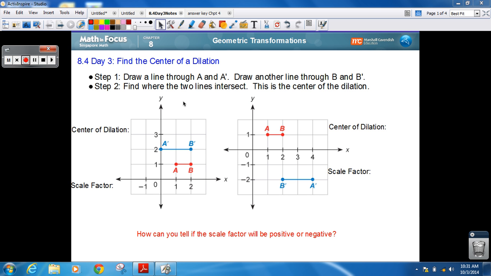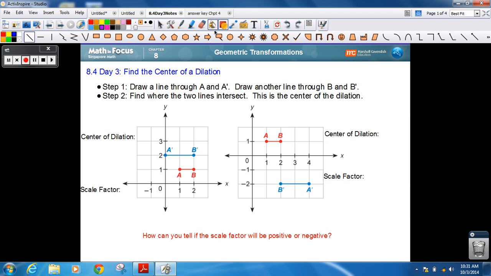So in order to find the center of dilation, what you do is you connect two of the points, one from the original and the corresponding one from the image. So here is the original. Going to the image, and you have to extend it in both directions.